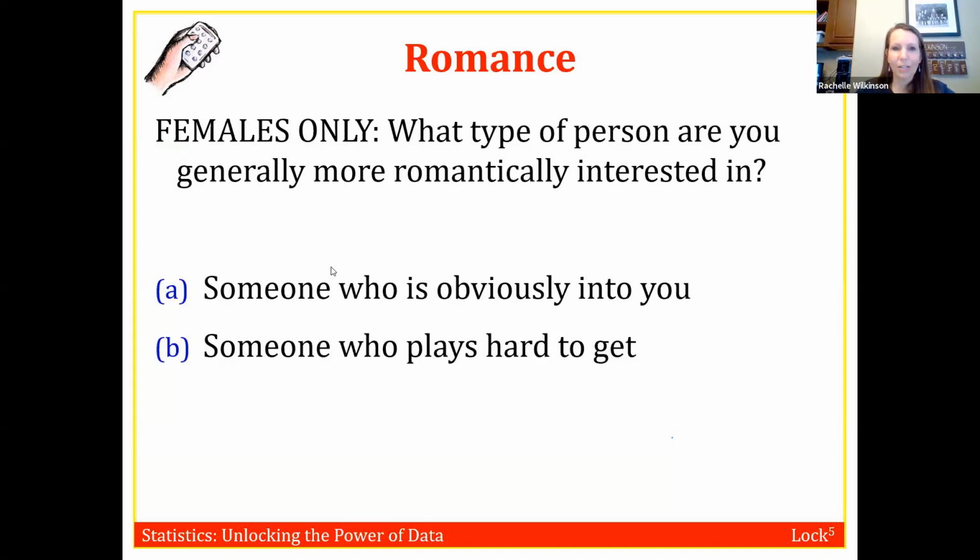Okay, awesome. So I'll share these results for real this time. Okay, so for the females only, we've got 85% where they wanted somebody obviously into them, and 15% where they preferred somebody who is hard to get.